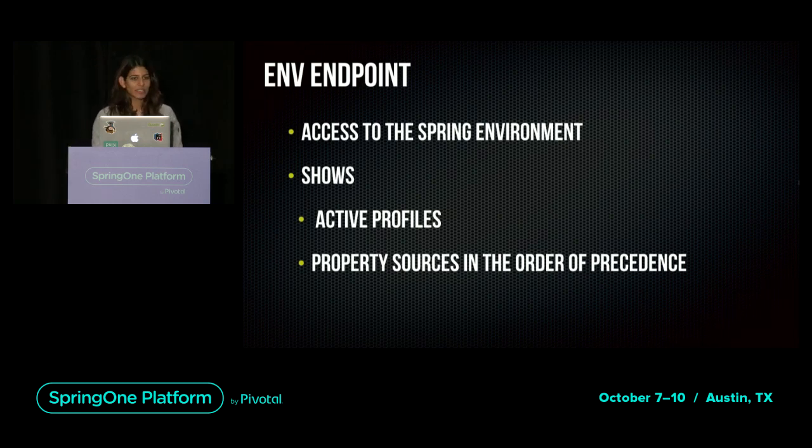So depending on the active profiles, certain properties turn on and off. So you can see which profiles are currently activated. And you can also see the property sources in order of precedence. And if the same property is specified in multiple property sources, the one that has higher precedence, obviously that is kicking in.